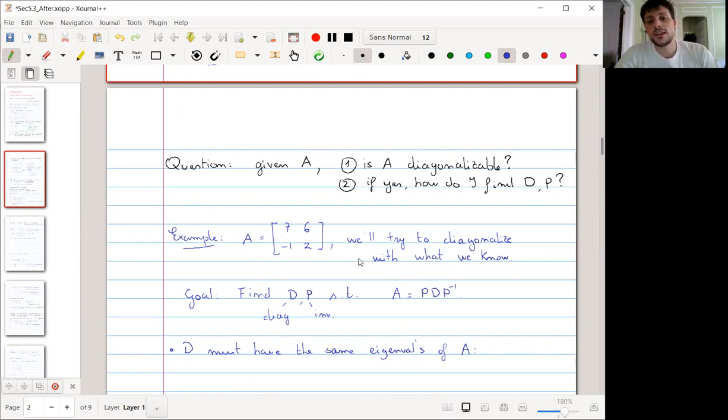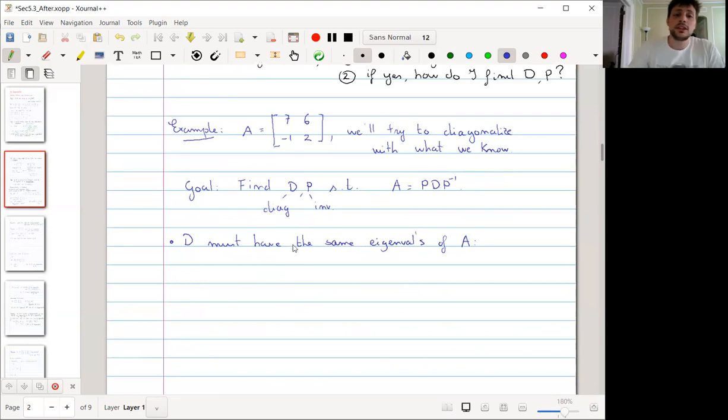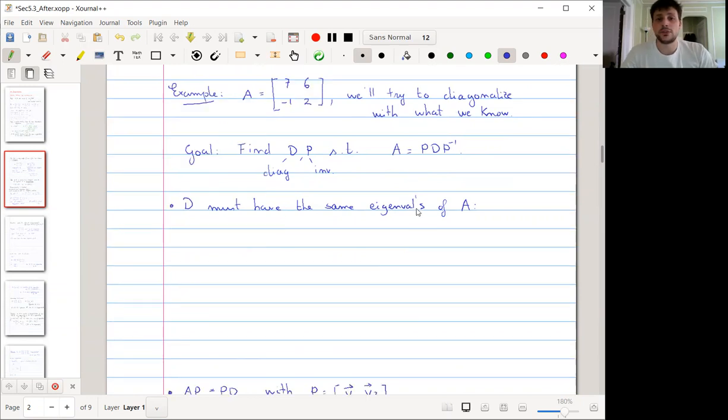When I say that we want to diagonalize a matrix, I mean that we want to find the matrices D and P such that A is equal to P times D times P inverse. The one thing we know is that the diagonal matrix here is similar to A, so it must have the same eigenvalues. So the first thing that we should compute are the eigenvalues of A.